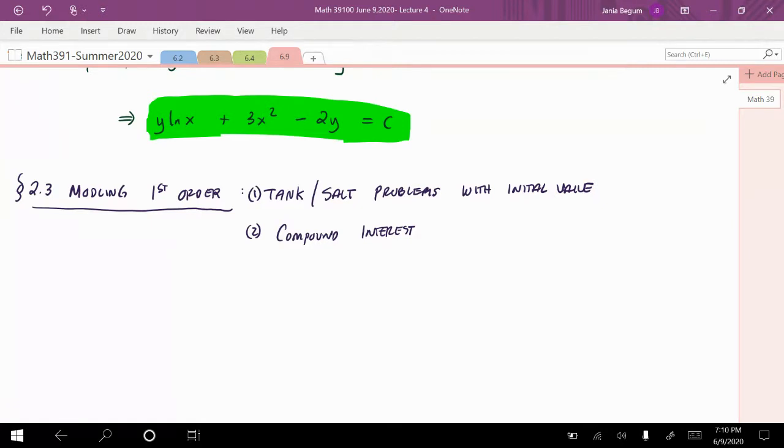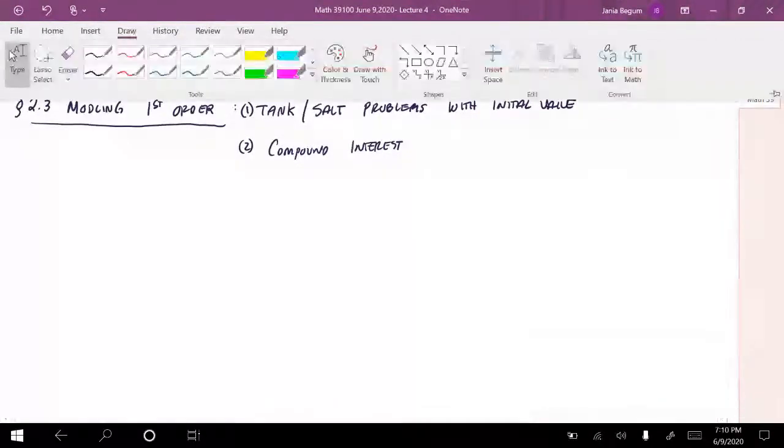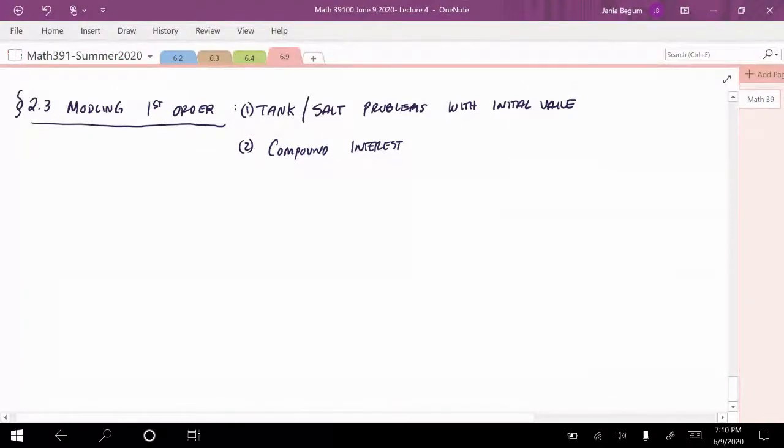So here's the scenario, okay? So let's start with application 1. We're going to do tank problem. So let me give you a drawing. I'm not really a great artist. I can't draw well, but I'm going to try to draw a tank. So suppose you have a tank, a cylindrical tank.